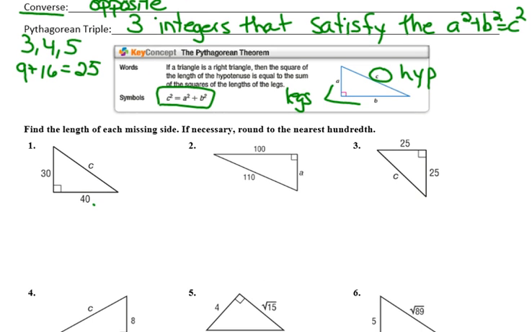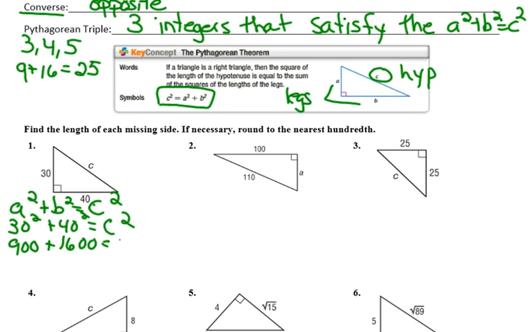So in my picture, we're looking for the hypotenuse, so I'm going to start with my Pythagorean theorem. A and B can be reversed, so I'm going to fill in. So I know 30 squared is 900, 40 squared is 1600. My variable is already by itself, so I'm going to add these together, 2500.